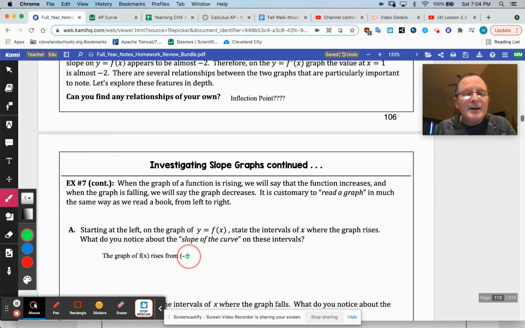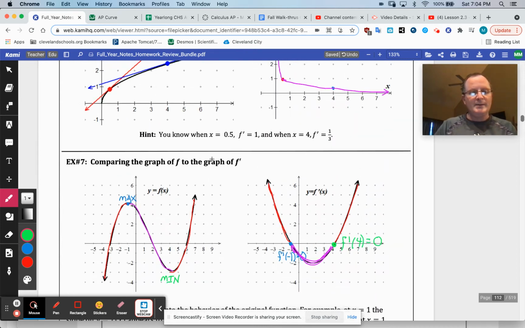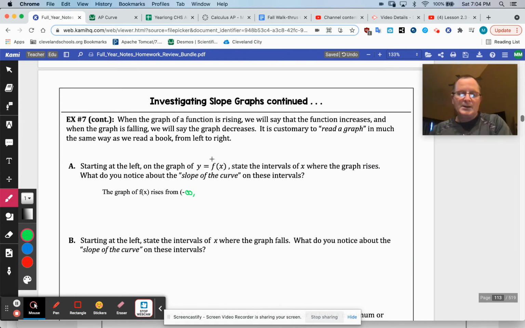I don't have a good equation editor there. From negative infinity to, it looked like it was about -1, right? It's close to -1, so we'll say it is. So from negative infinity to -1, and also from 4 to infinity.